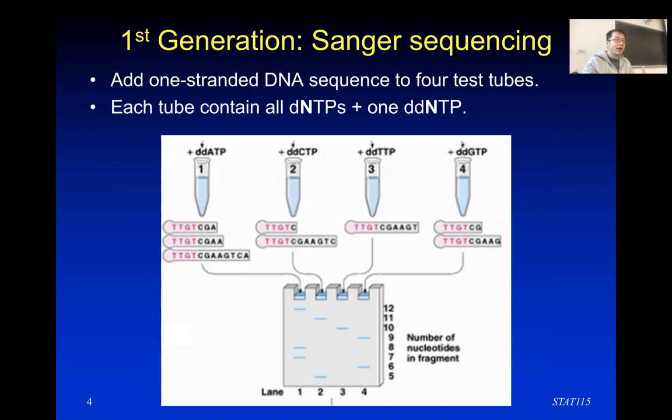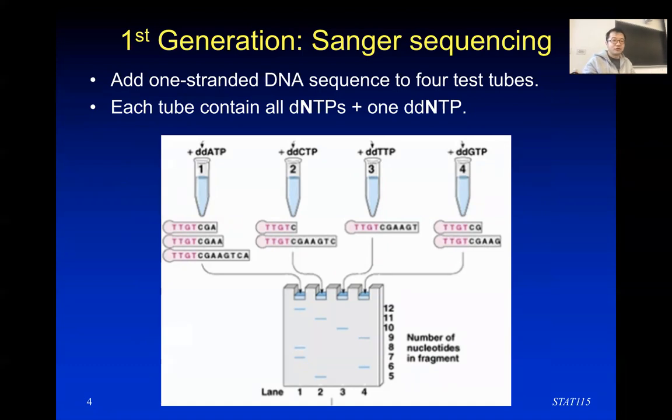And each tube has its own ddATP or ddNTP, which is a modified nucleotide, so that if a DNA molecule incorporates that ddNTP, it will stop extension.